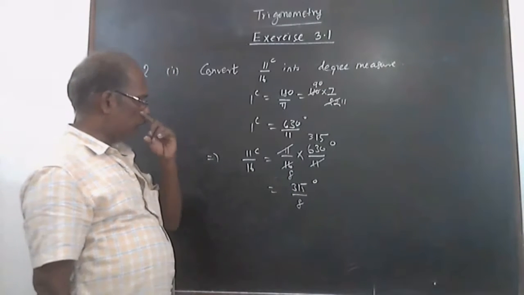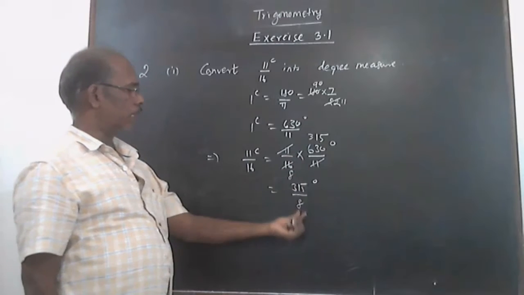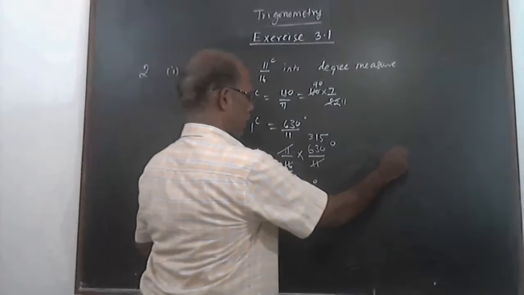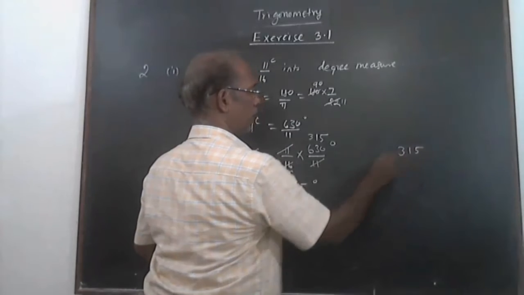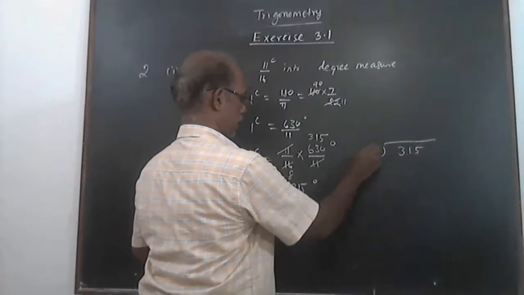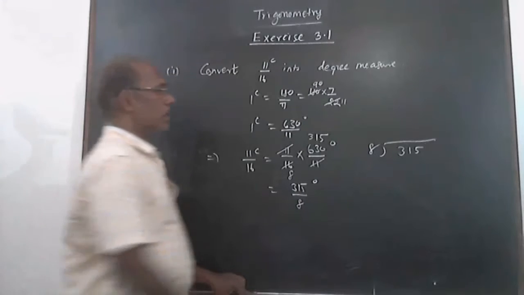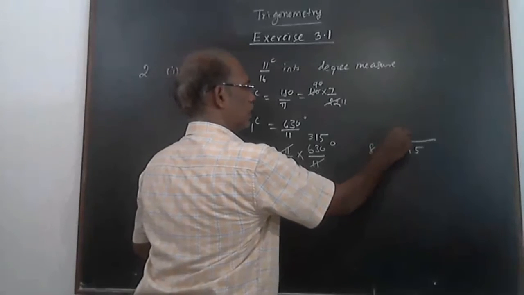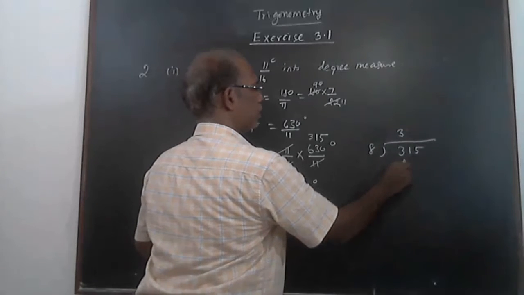By the long division method, we can convert in terms of degree, then minutes, then seconds. We'll go by the long division method: 315 divided by 8. 3 times 8 is 24.